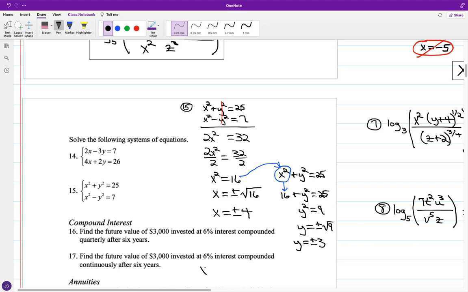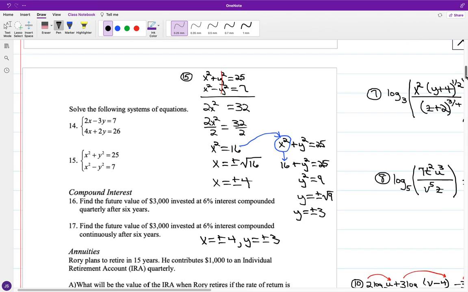So for number 15, the solution has two distinct values for both x and y, from which we get 4 distinct points: 4, 3; negative 4, 3; also 4, negative 3; and also where both x and y are negative, at minus 4 and minus 3 respectively.